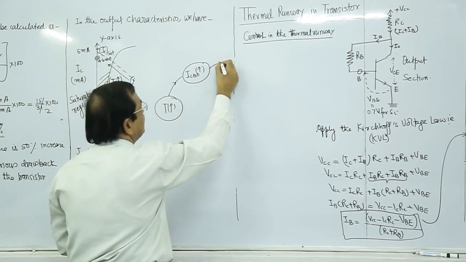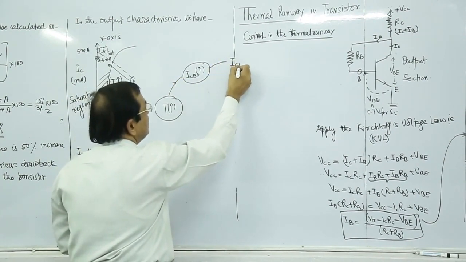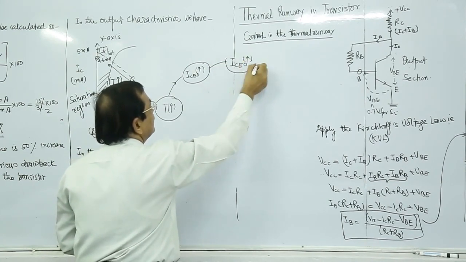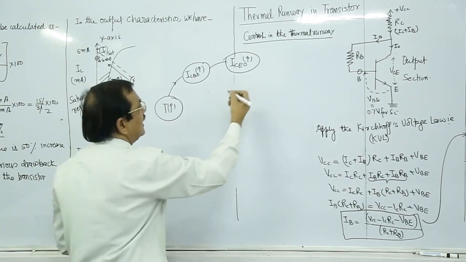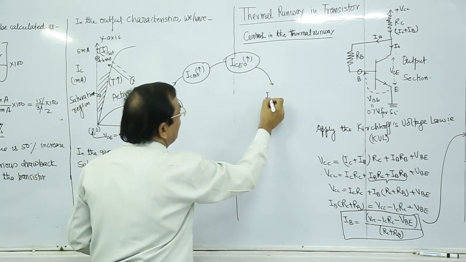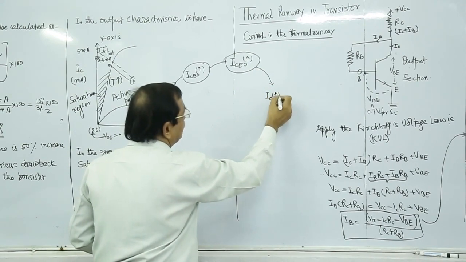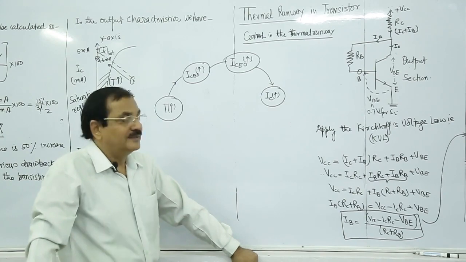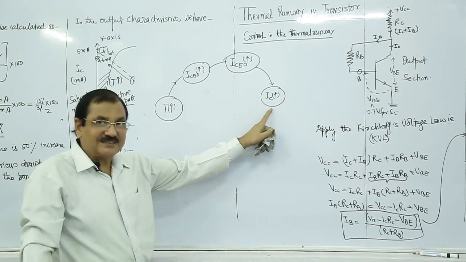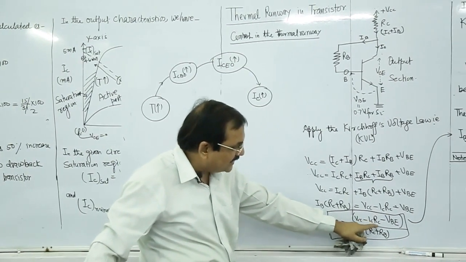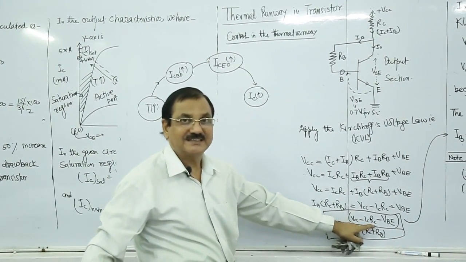And this will increase ICEO, and this increase in ICEO will increase IC. If IC will increase, so minus ICRC, this factor will decrease.